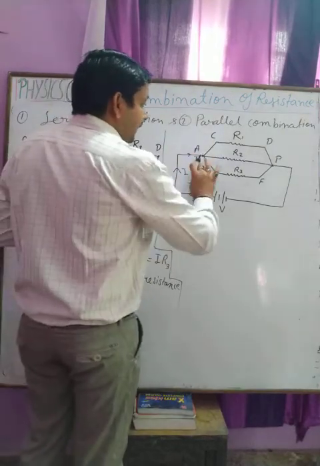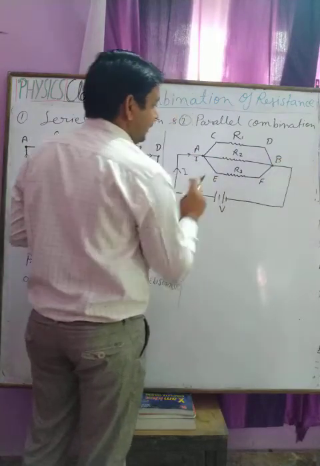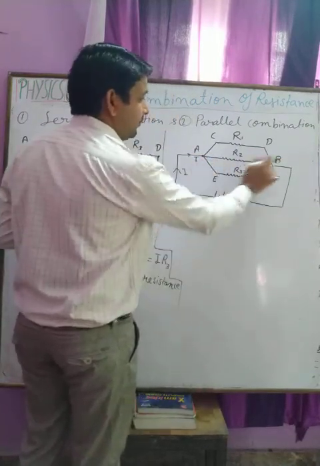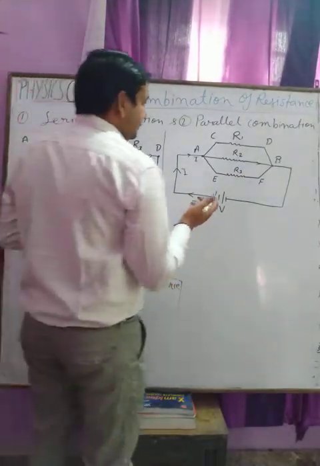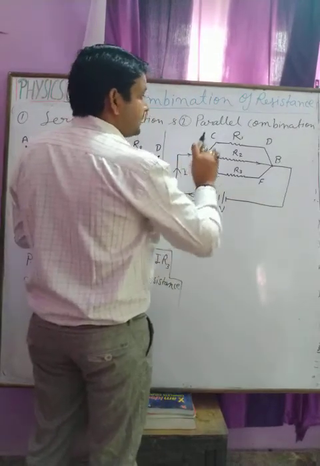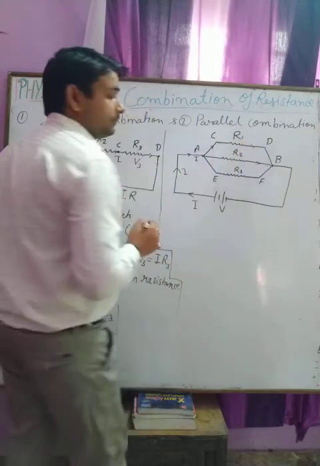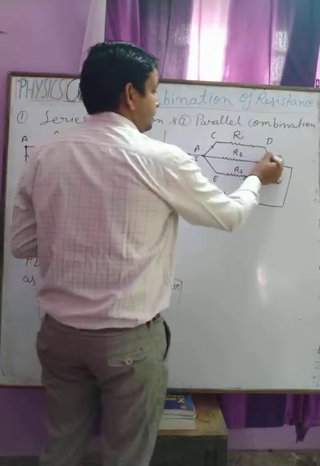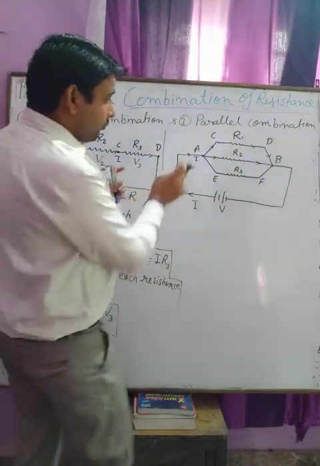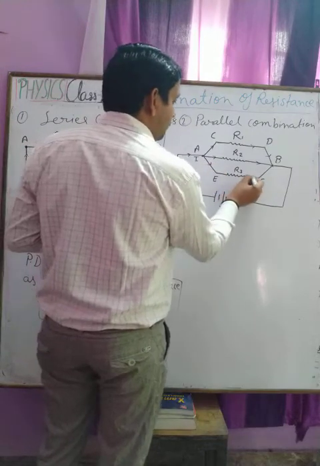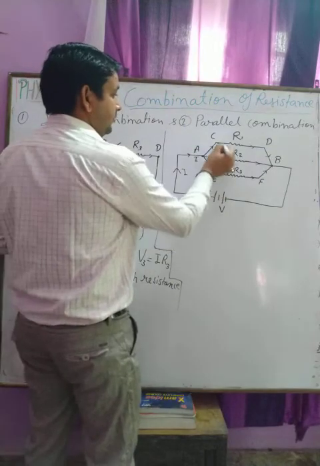That is, if the current wants to go from A to B using this path AB, it can go. And if the current is moving through R1, it can go this way. And if the current is moving through R3, it can also move through R3. Clear student?